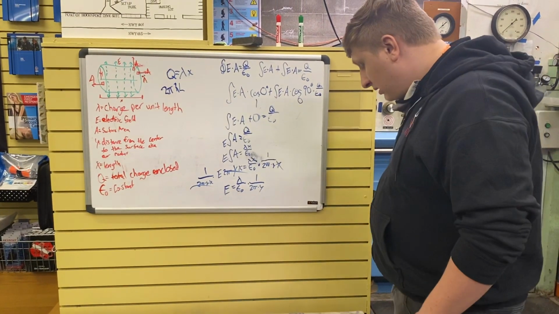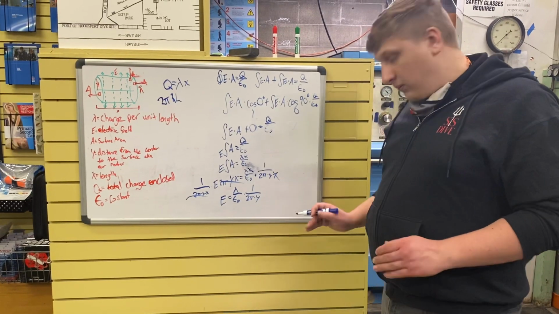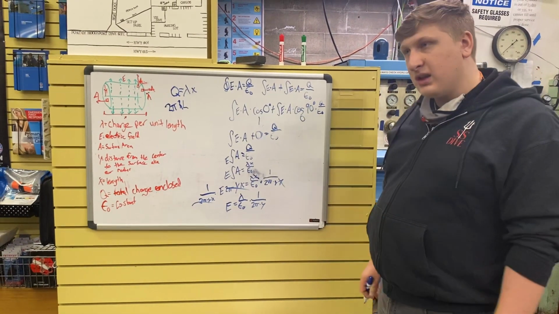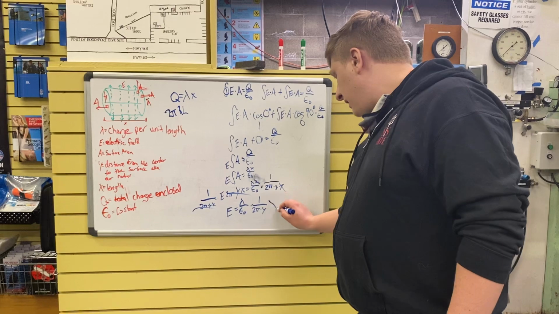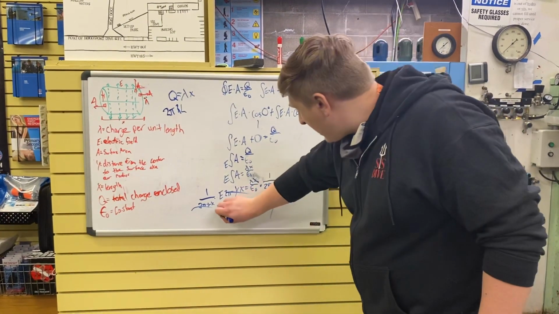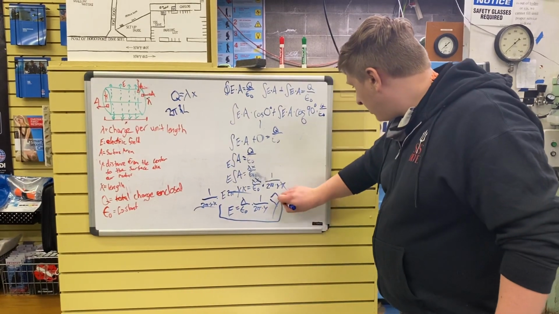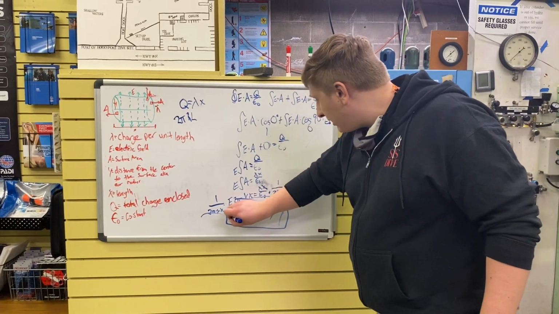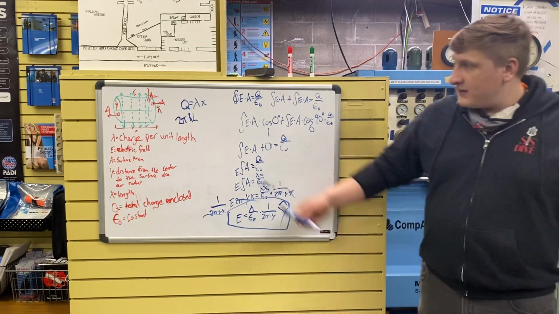And since it is in the radial direction, the only thing we have to add now is just that Y hat. And that is the equation to find the electric field of a cylinder.